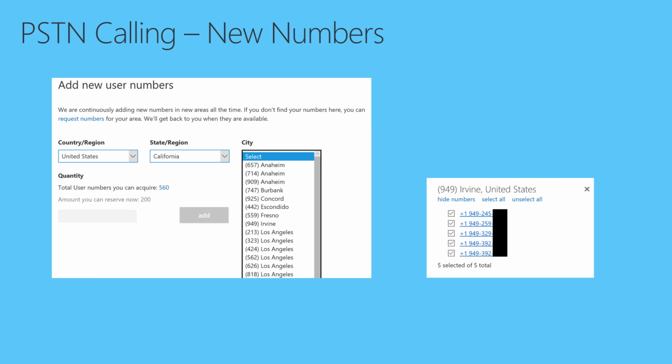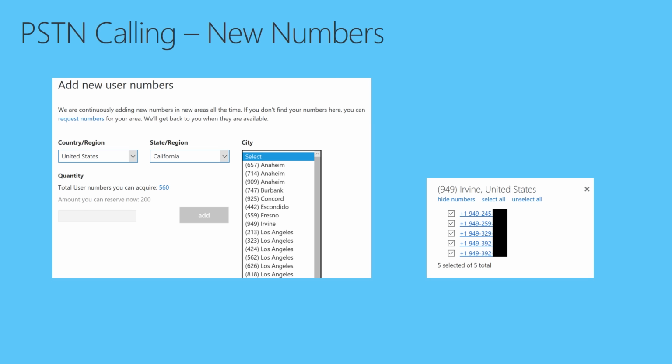So for example, you can see here 6 times Los Angeles. I'm pretty sure that if you scroll down, there are even more, but these are all the different area codes where we have phone numbers available in Los Angeles. You can also, on the left side, see the quantity of how many numbers you can acquire.